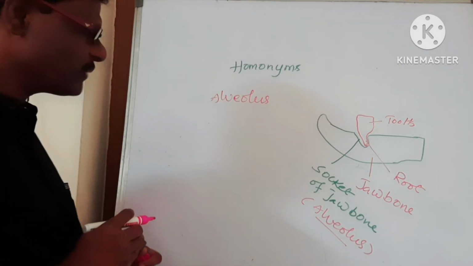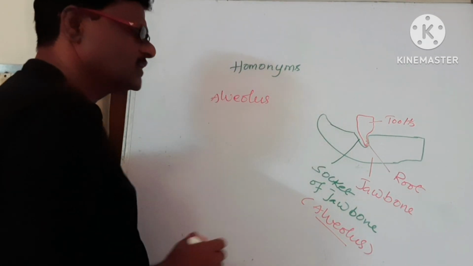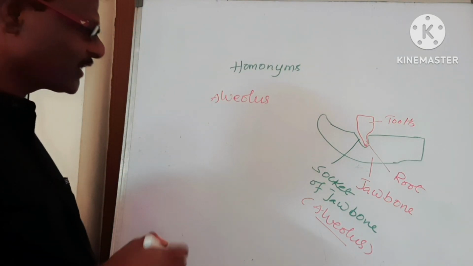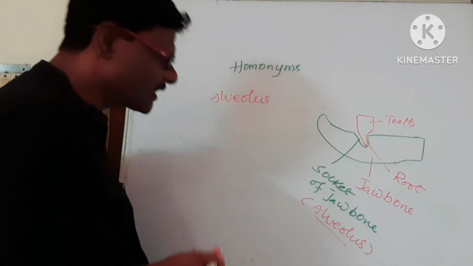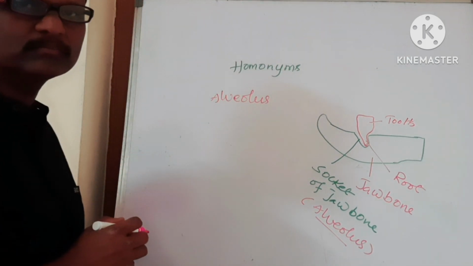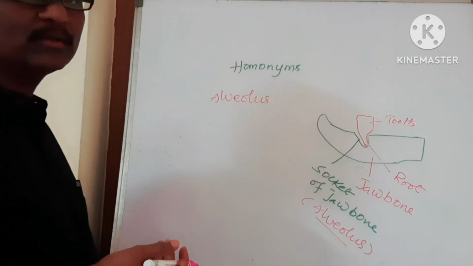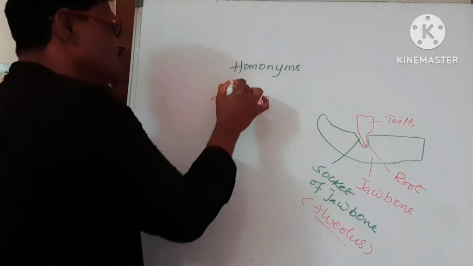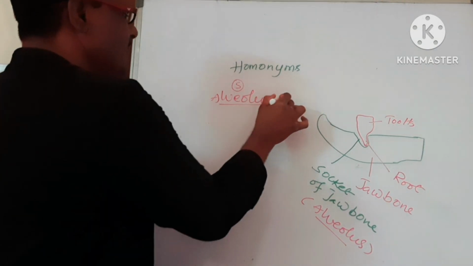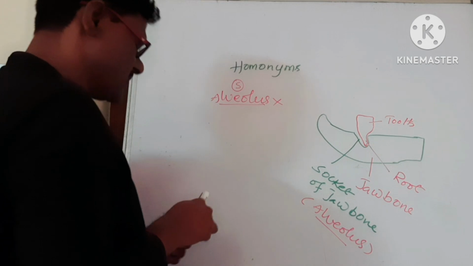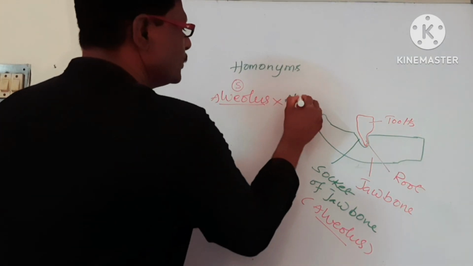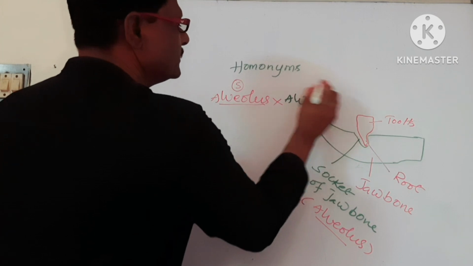Already I mentioned that alveolus is a chamber present in the lungs, and now alveolus is a socket of a jawbone also. The meaning is changed, but the spelling is the same. Alveolus is singular, whereas alveoli is a plural word.